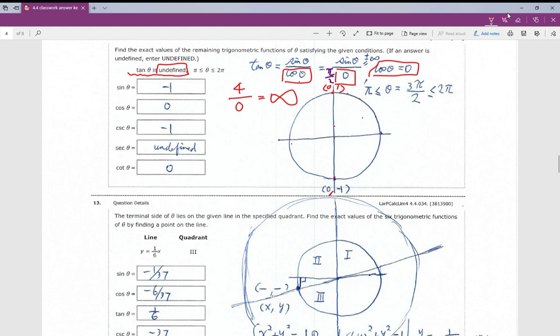Now pay attention here. Even though I say we have two choices, the question also says the angle should be between pi and 2 pi. So here, pi and 2 pi. So where is the angle?